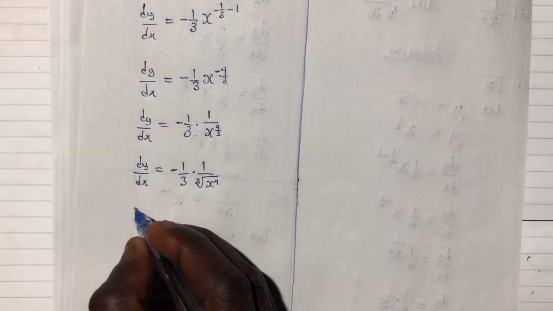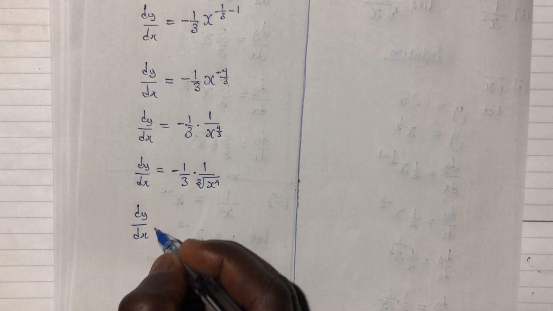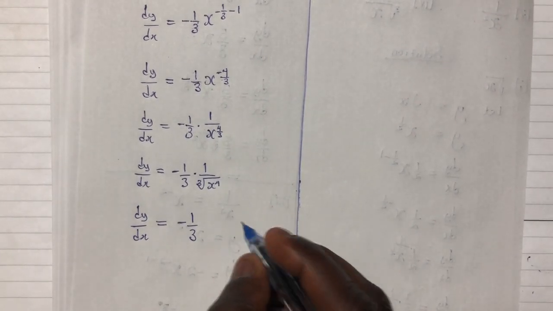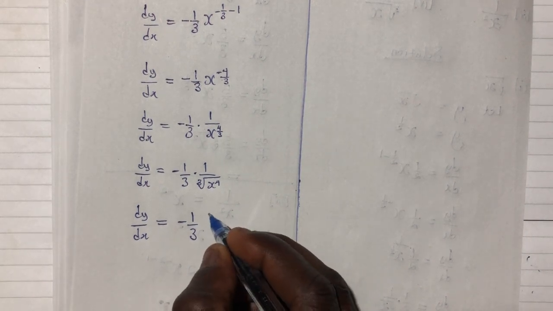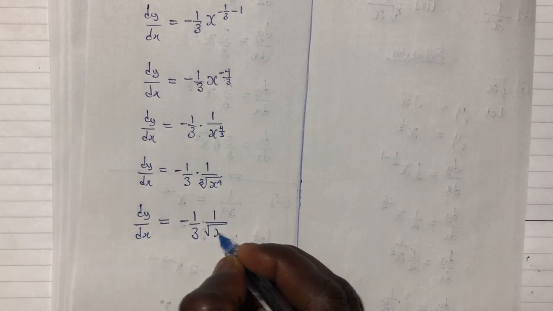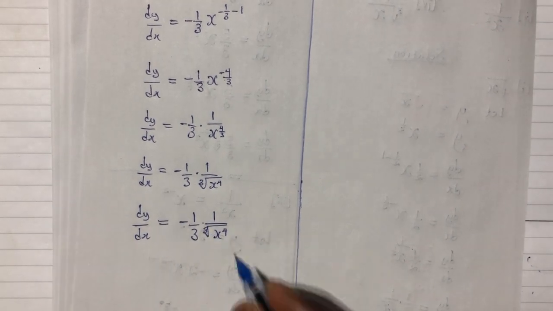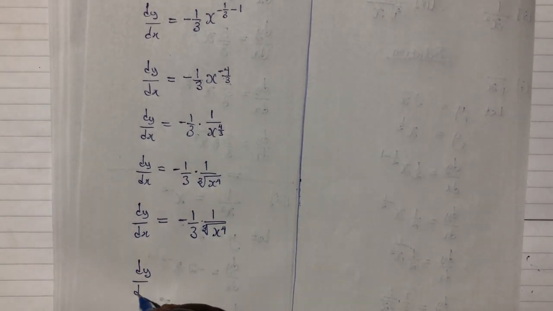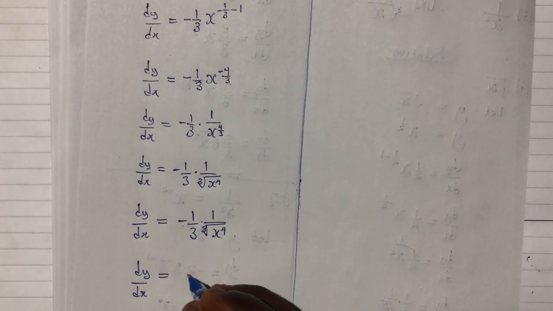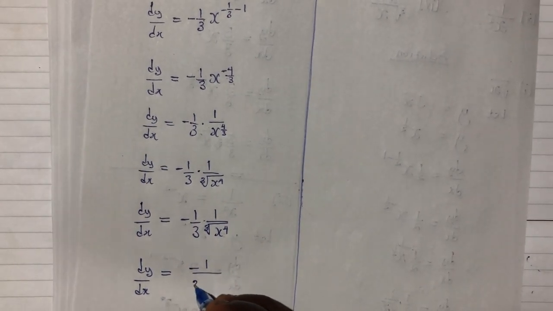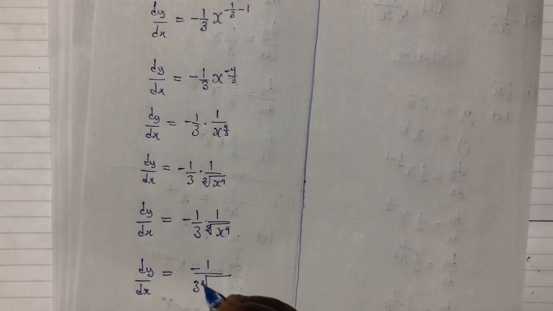So we have dy out of dx being equal to negative 1 out of 3. I want to write this again: 1 out of cube root of x raised to the power 4. Now we can multiply this, getting dy out of dx being equal to negative 1 times 1 will give me negative 1 all over 3 cube root of x raised to the power 4.